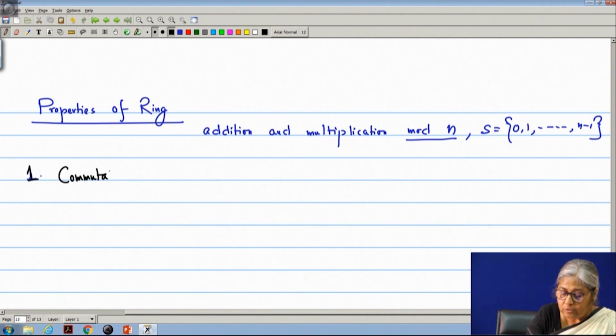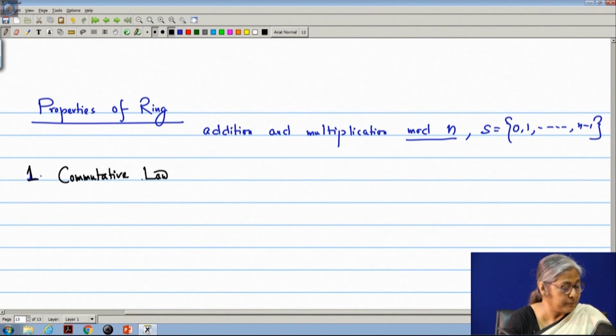The first property it holds is the commutative laws, both for addition and multiplication.